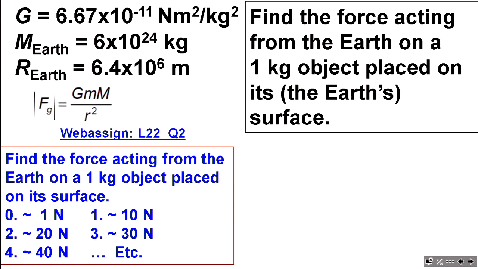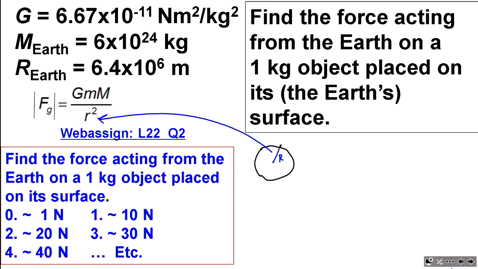So here, if we want to draw a picture, that should be a large circle which represents the Earth and the tiny object sitting there. And we know that the distance from the object to the center is the distance which has to be used here. And we know the constant.